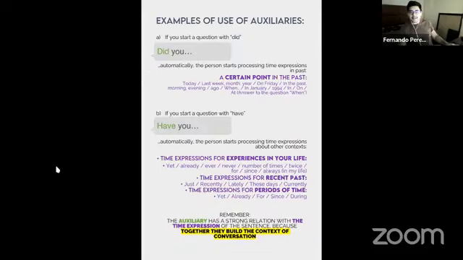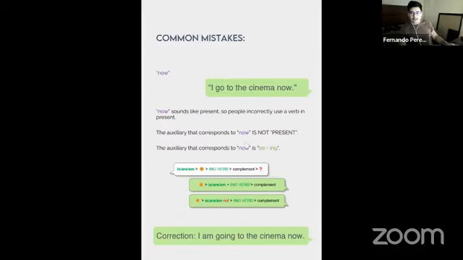But the auxiliary be matches with different contexts. So what you need to do is to identify the difference.